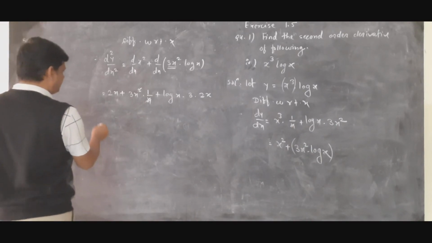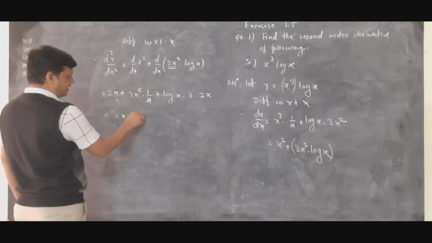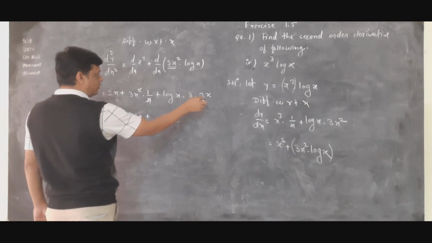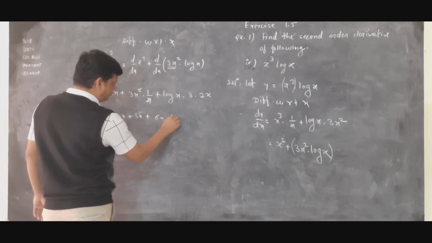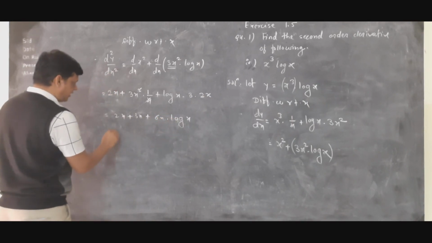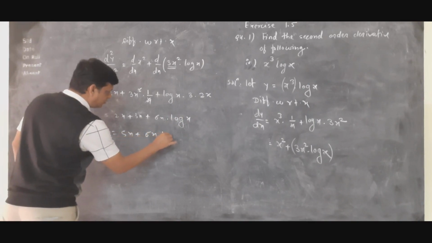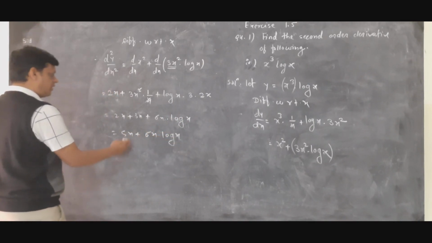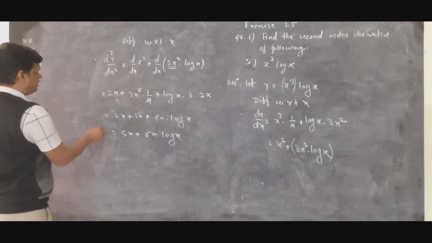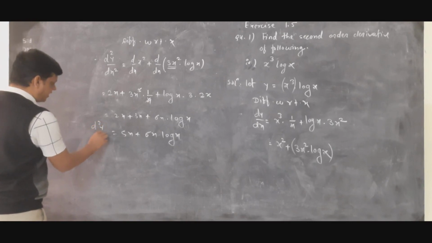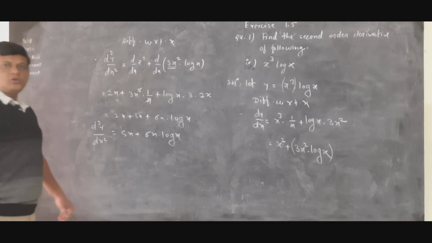So we write here 2x + 3x + 3 into 2, 6x first. So 6x into log x. So write this as 5x + 6x log x, or you can take x common from both the terms. So write d²y/dx² = 5x + 6x log x.